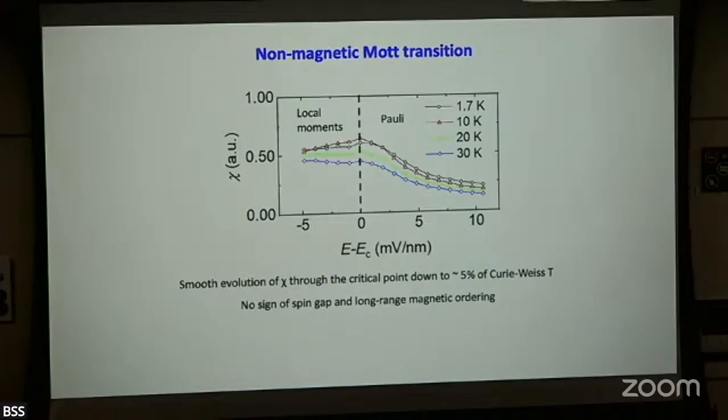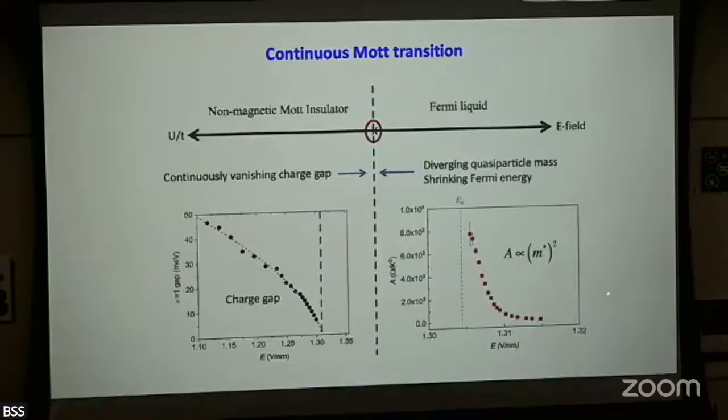Even when we measure down to a temperature about 5% of the Curie-Weiss temperature, this data shows no sign of a spin gap or long-range magnetic ordering. And coming back, from the charge transport measurement it looks like some kind of continuous transition. So the question is, how do we describe something like this?